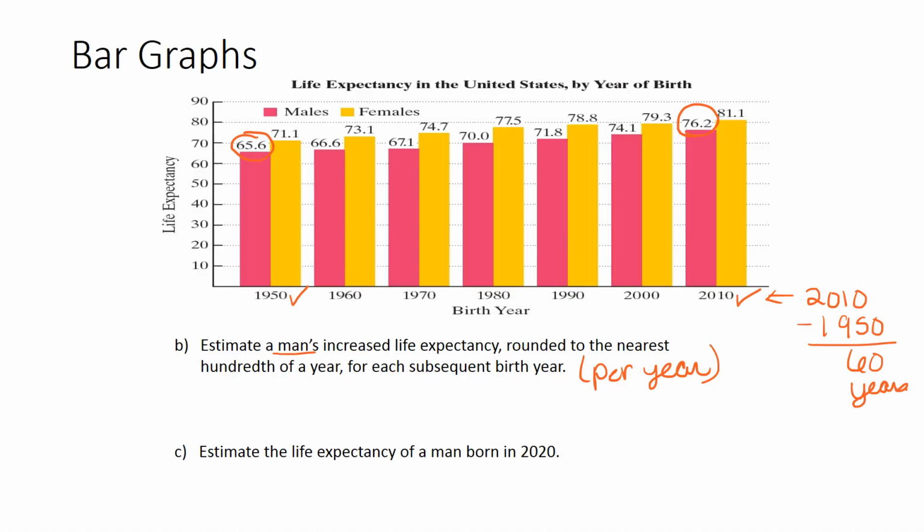So we want, it went from 65.6 to 76.2. So we want to find that difference. And that's the difference over 60 years. So if we want per year, we would have to divide this by 60.